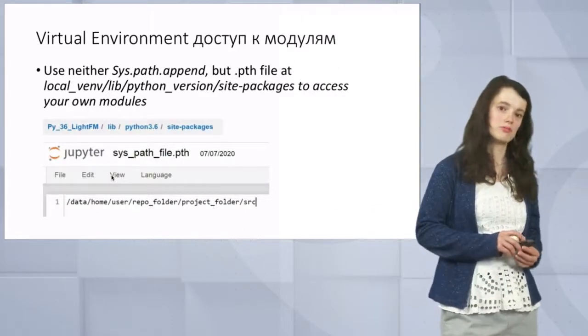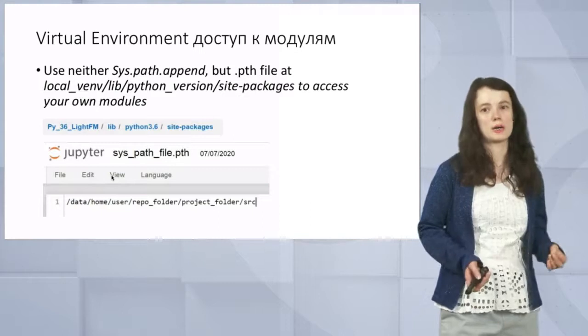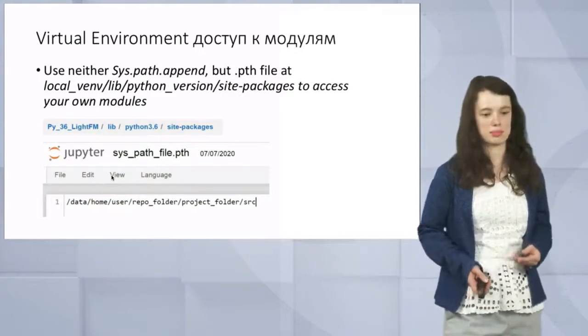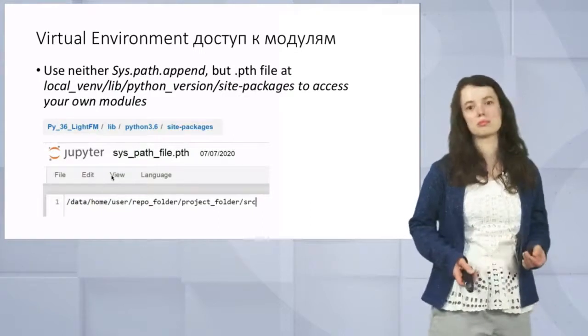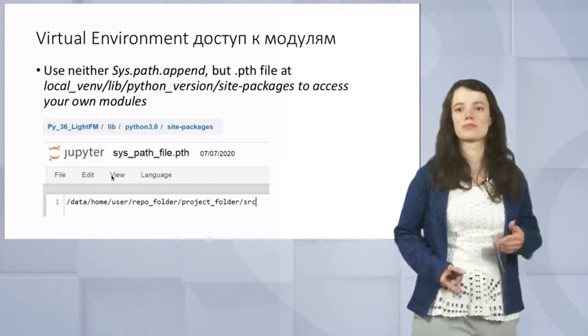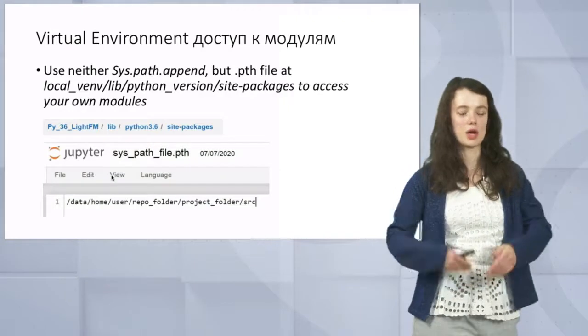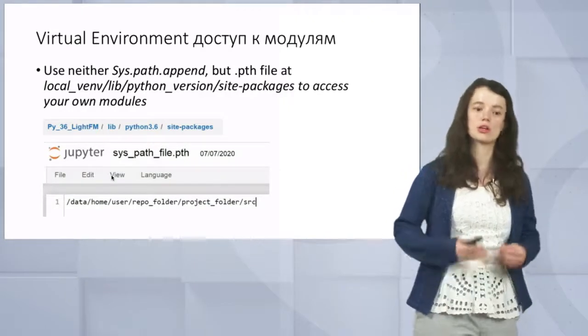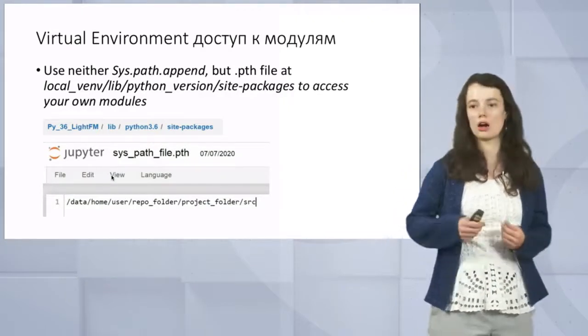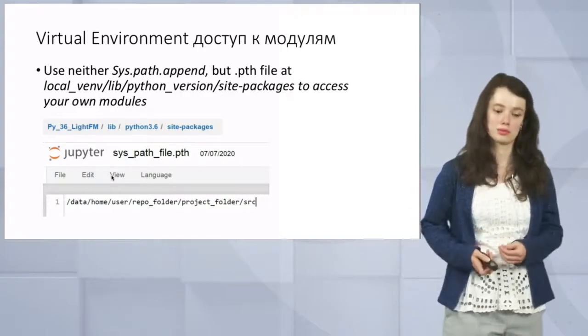The other very useful thing is to never use sys.path.append, but to provide a path file to your virtual environment to provide the way you access your written models from the Jupyter environment.